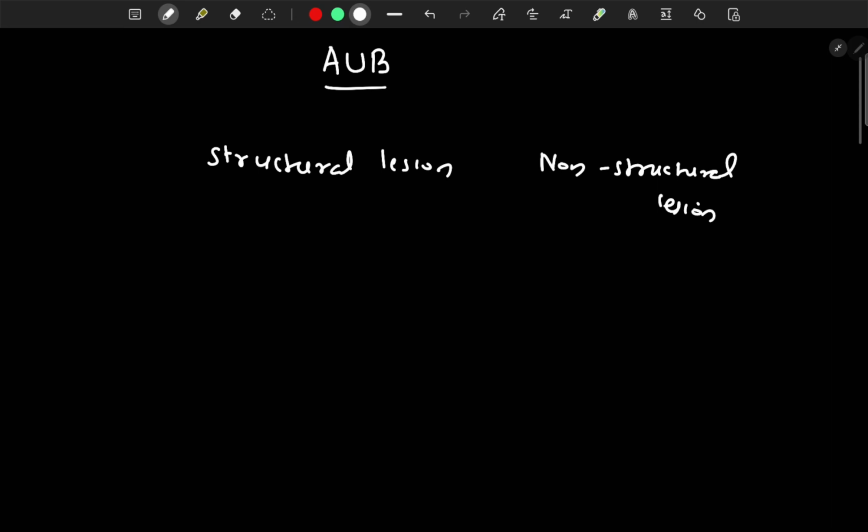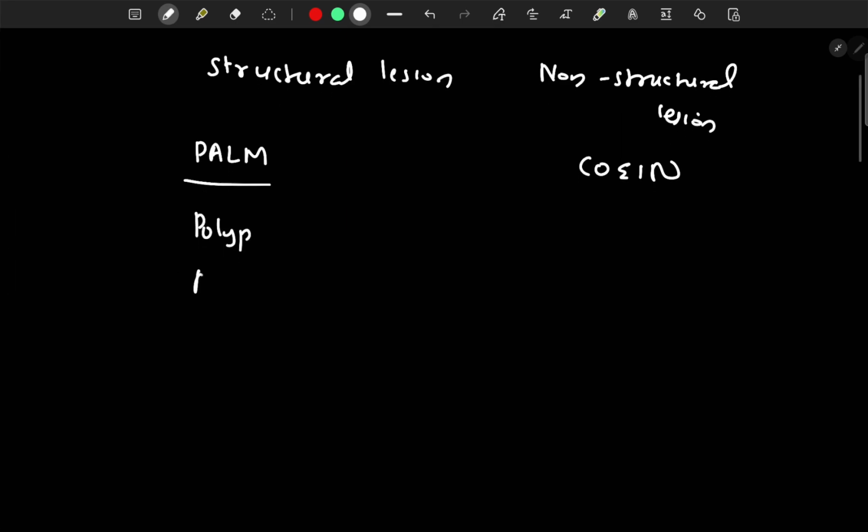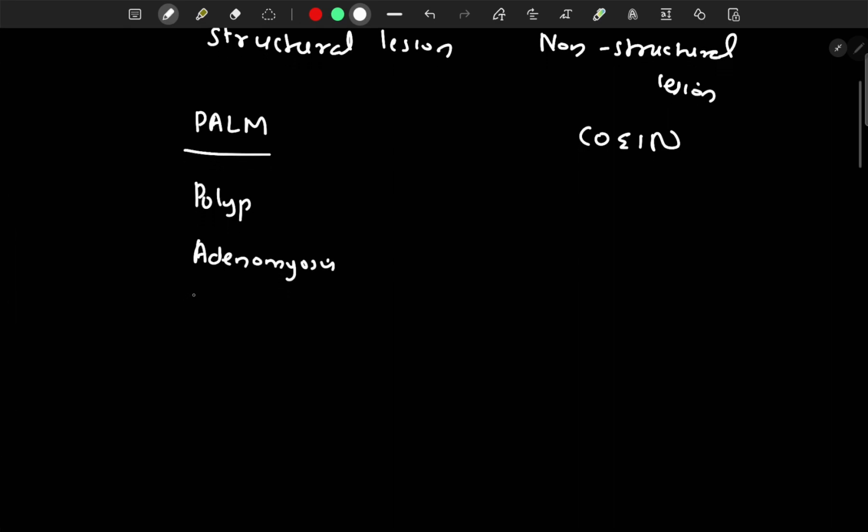So structural lesions include, there is a PALM-COEIN classification. In the PALM-COEIN classification, the structural lesions include P for polyp, then adenomyosis, leiomyoma.